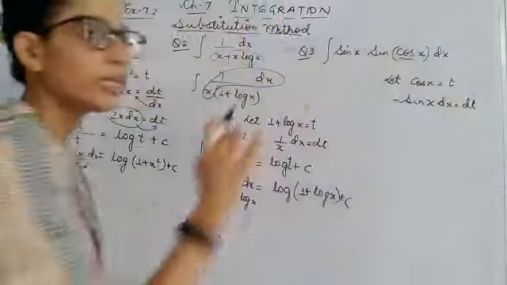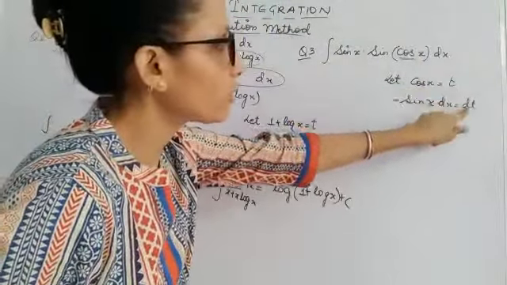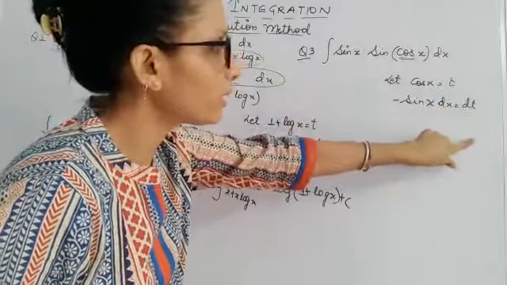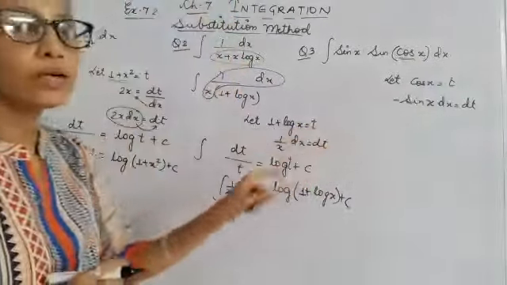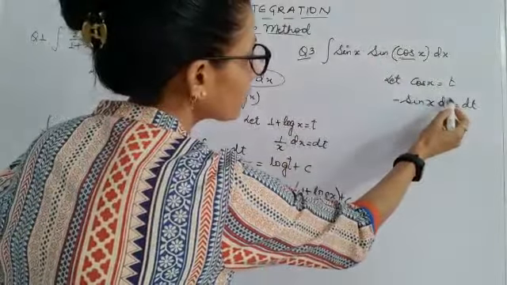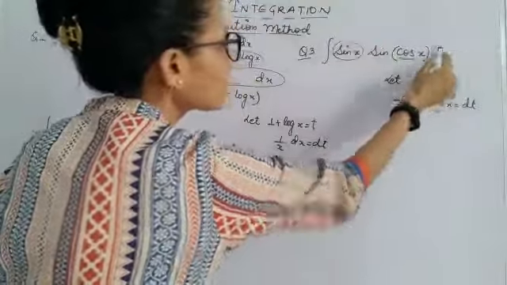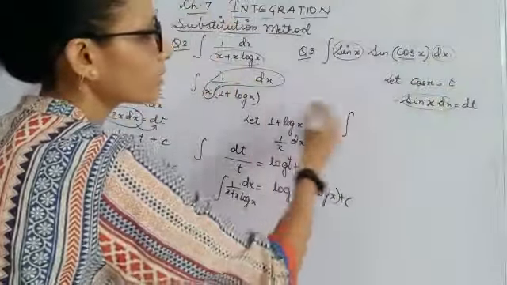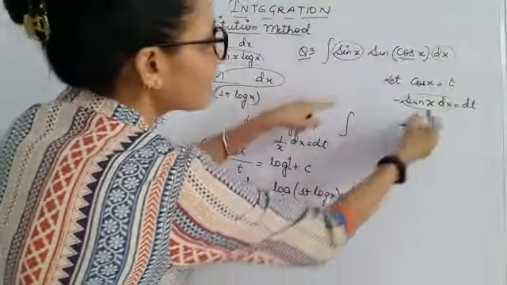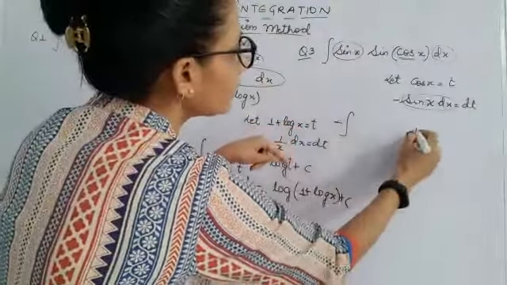How am I writing dx over here? Because I am differentiating t with respect to x, I will be getting dt by dx, so that dx I am writing this side. So this is minus sine x dx. For sine x dx, I can substitute minus dt.